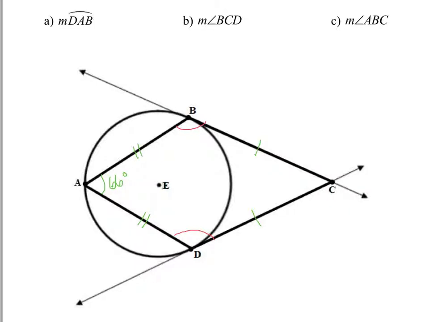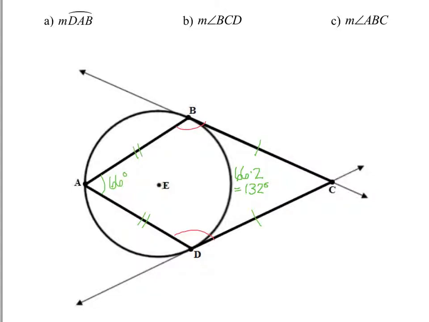So one of the first things we're asked is to find the measure of arc DAB. So we're finding this arc right here. I can see that I have an inscribed angle right here. That's going to give me this angle, which is 66 times 2, which is 132 degrees.